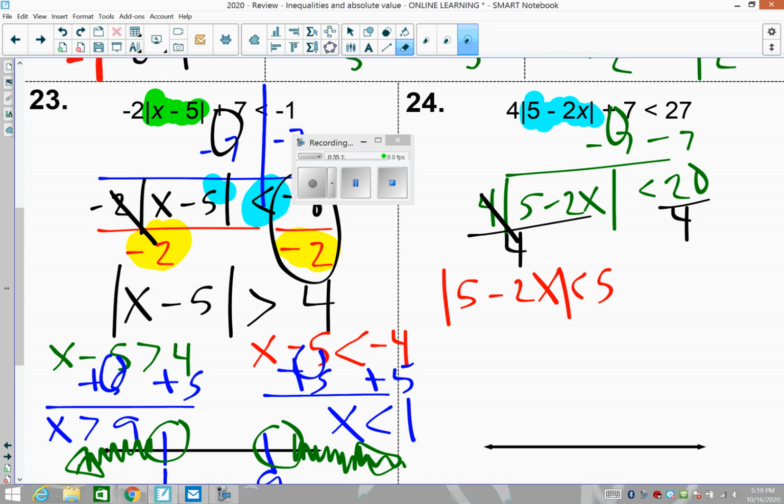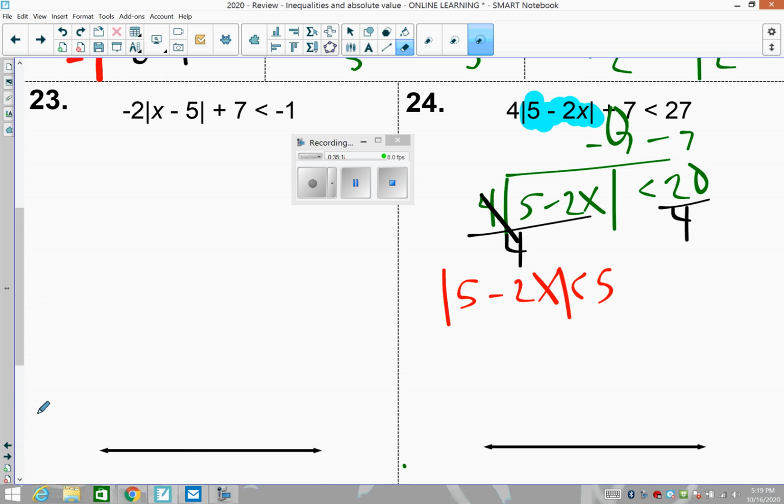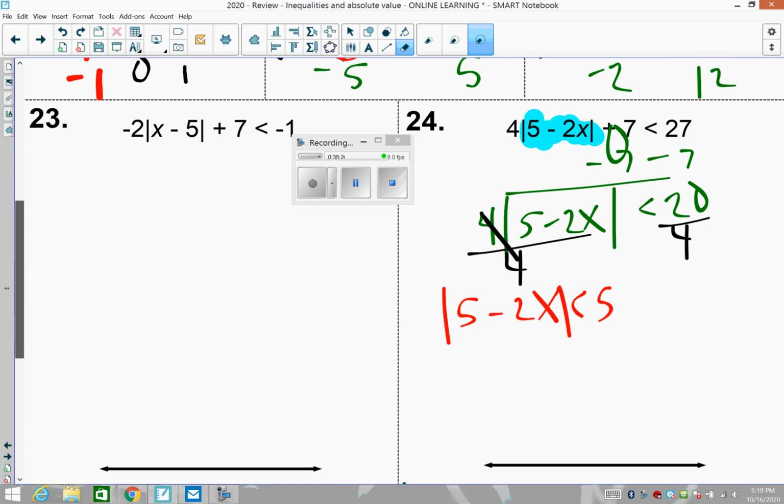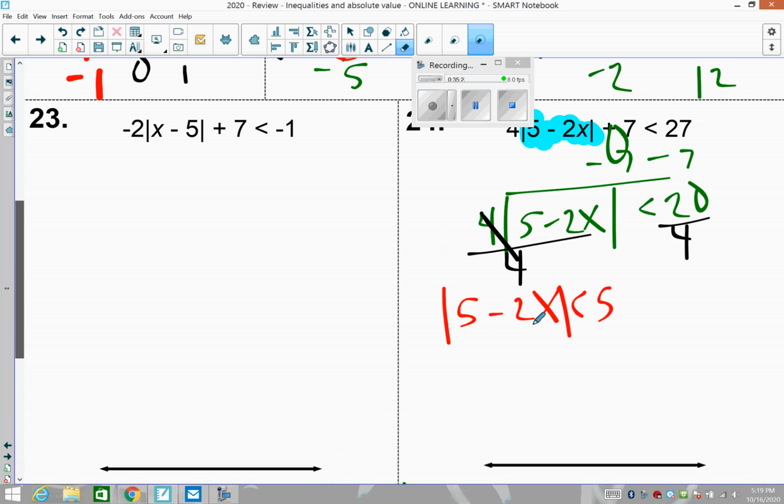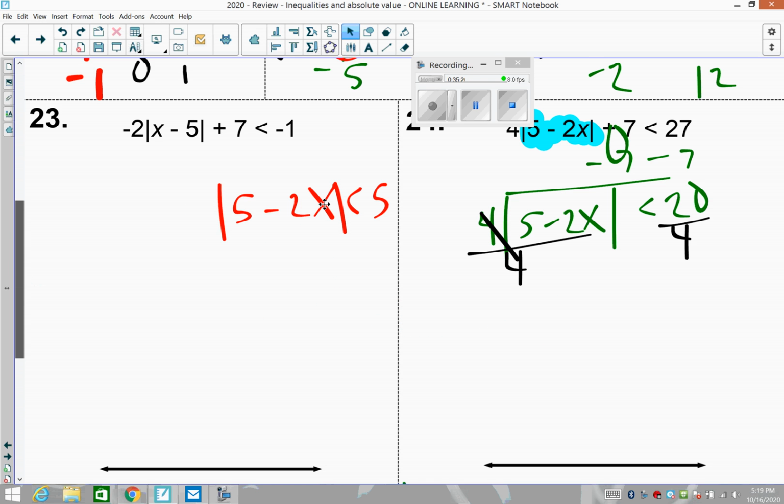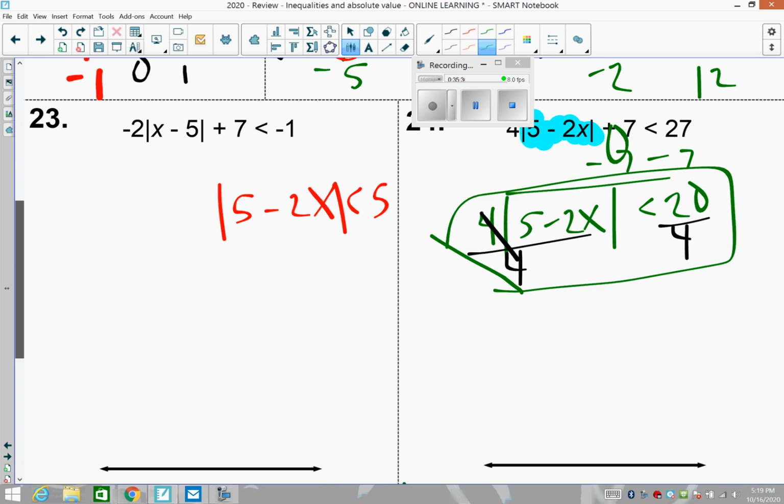So at this step, then we would want to split the problem into 2, just making sure that the output isn't negative, or we're going to have some issues. So I'm going to move this, just for the sake of having more room. So I took this and I rewrote it over here.